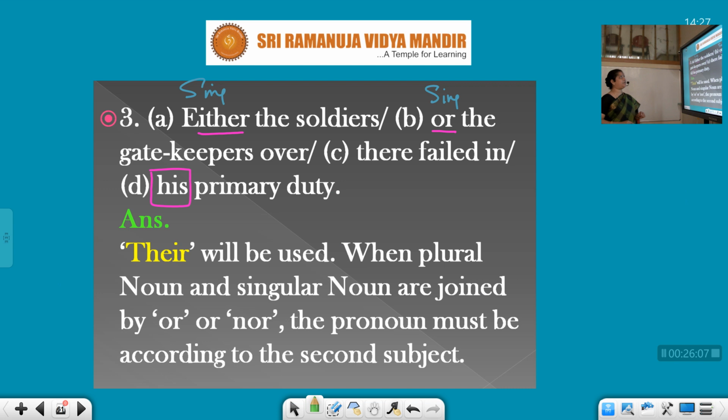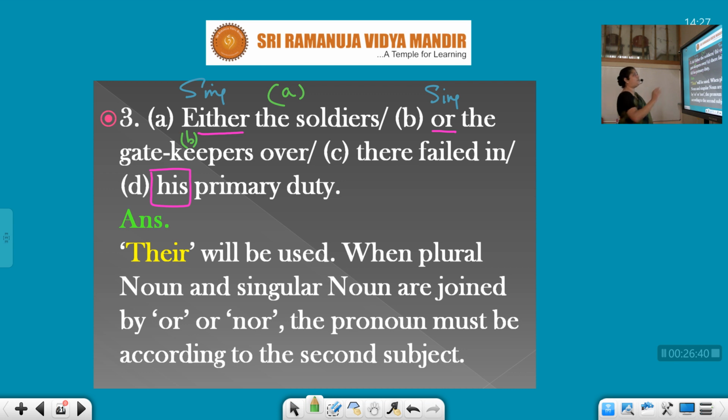But the question over here is, either or represents singular only. But anyone, what I am talking about, means either the soldiers or the gatekeepers. Either the soldiers, that is one, or the gatekeepers, that is another. So A or B. Soldiers is A, gatekeepers are B. So anyone.